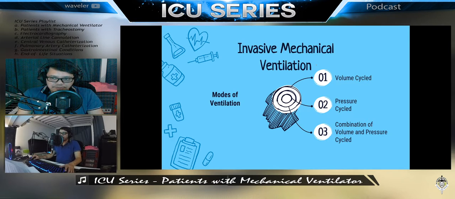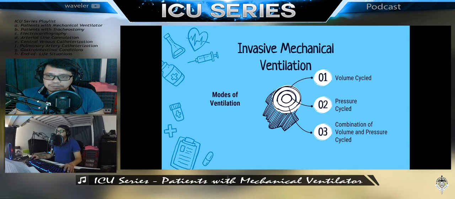For pressure cycled, there are two common modes also: pressure controlled ventilation and pressure support ventilation. For pressure controlled, the inspiratory pressure and the rate are set, while on pressure support, it's only the pressure that is set.